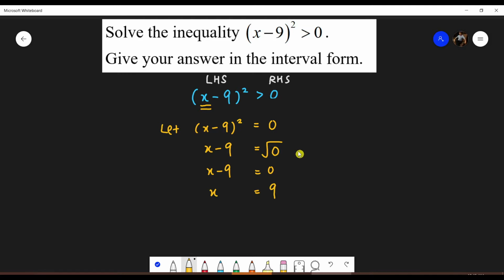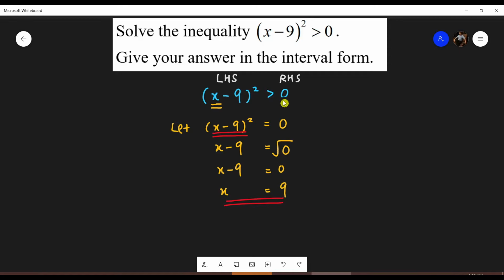Now I want to explain the purpose of this step. This step is very important because we can find the value of x that makes this term equal to 0, that is (x - 9)² = 0. From here we know that if x = 9, when substituting into the left hand side, we will get 0.